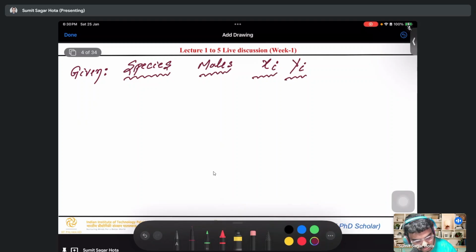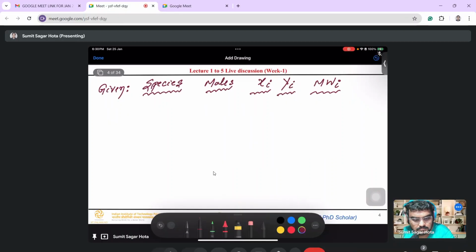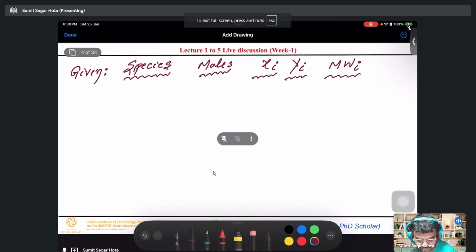Then what is the molecular weight of each species?